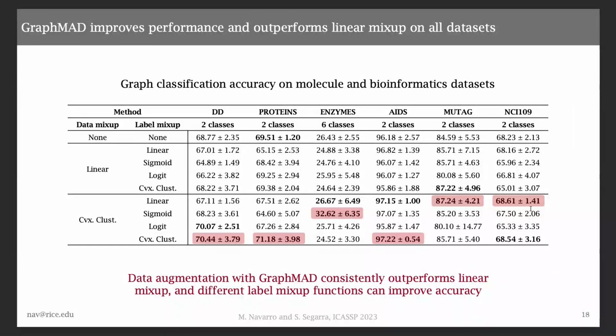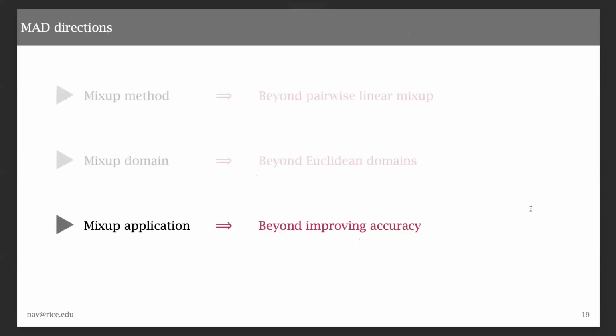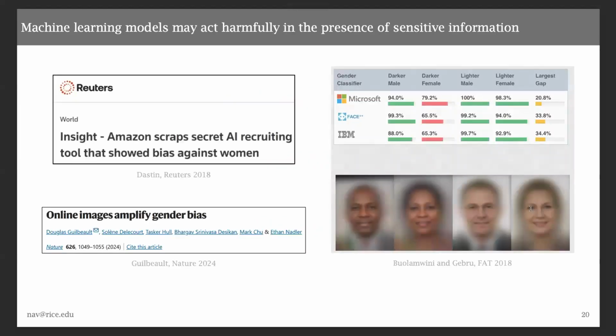Okay, so this is an example of convex cluster mix-up and then mix-up for non-Euclidean data. And finally, we'll look at our work for using Mixup to improve model performance, not in terms of its accuracy, but in terms of if we can encourage fair model behavior. So it's well documented that machine learning models can inherit biases in real-world data, even if the model is agnostic to sensitive information that we don't want the model to use.